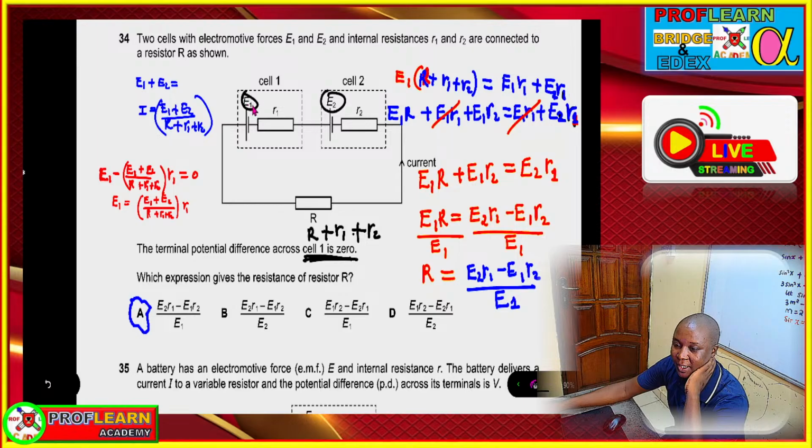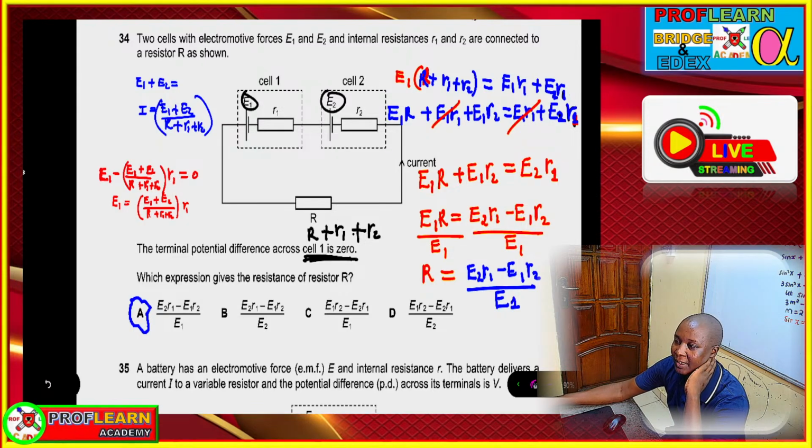If we take the EMF of cell 1 minus the potential drop due to the internal resistance, the answer is going to be what? 0, because we know E is equal to V plus IR.